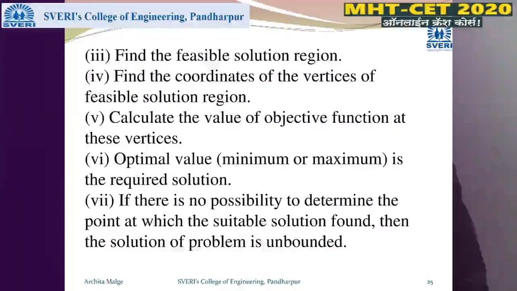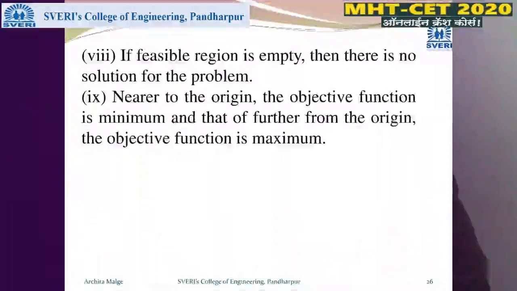And if there is no possibility to determine the point at which the suitable solution is found, the solution of the problem is unbounded. If the feasible region is empty, then there is no solution for the problem. Nearer to the origin, the objective function is minimum, and further from the origin, the objective function is maximum.